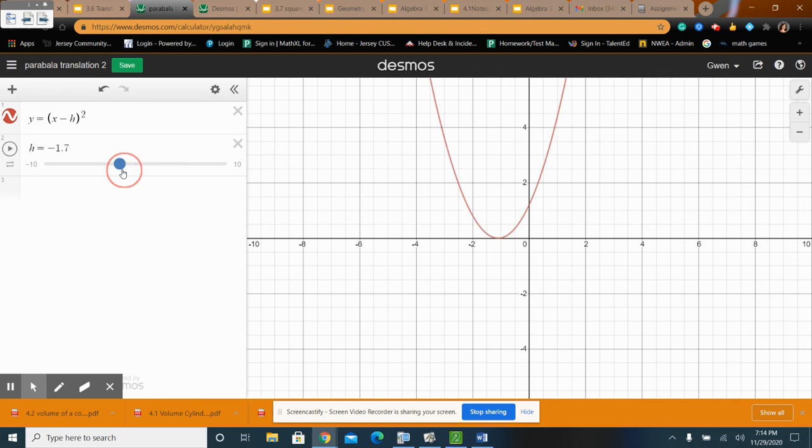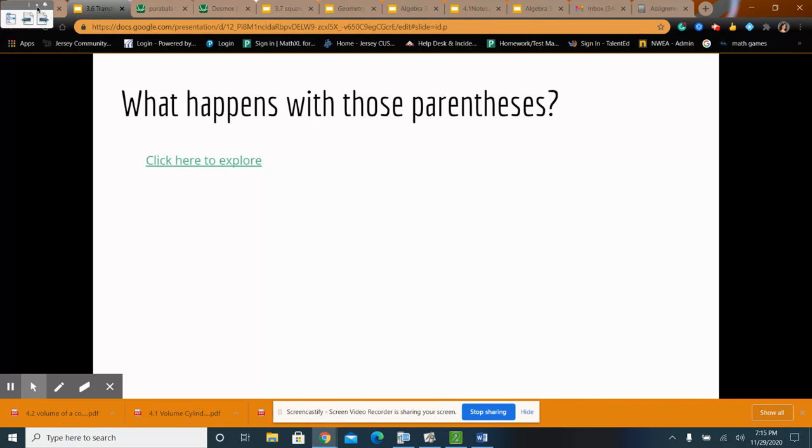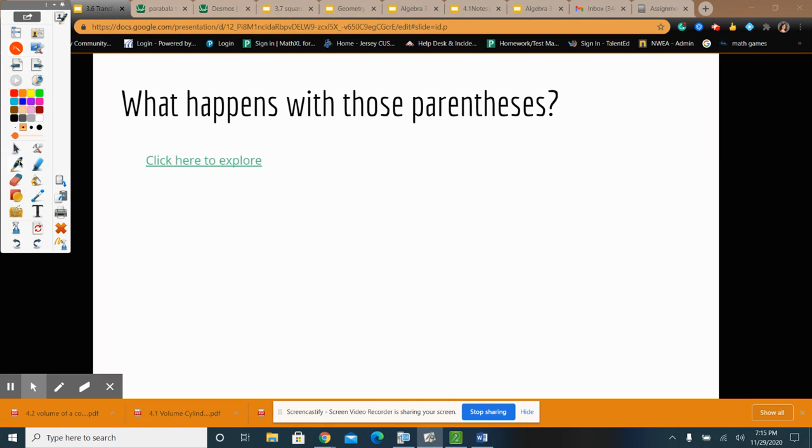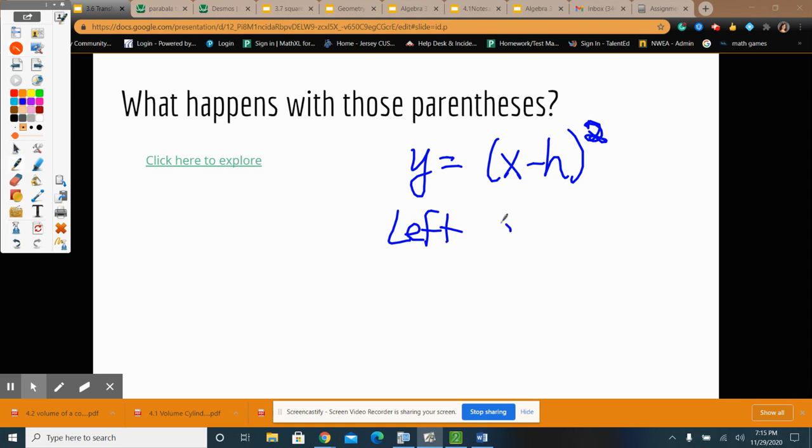And these are negative because it would be minus negative 6, which would be a plus 6 if it's a minus a negative 6. This might remind you a little bit of the point-slope form of a line, because that's very much what this is like. And so what you have, (x minus h) squared, is this guy moves left or right.